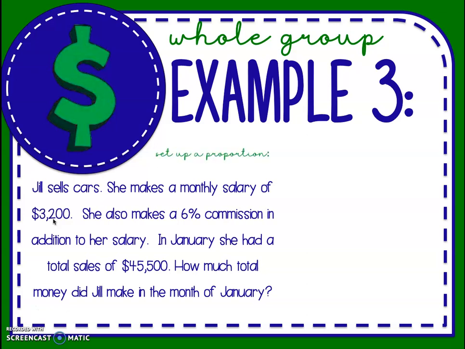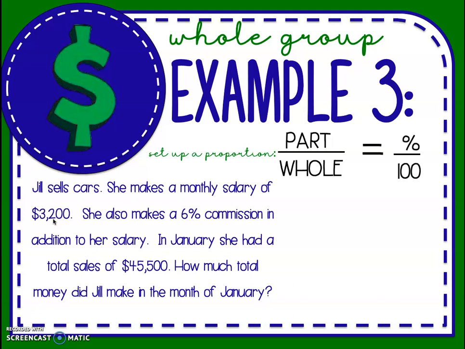Okay, so the first thing we're going to do is set up our proportion. It's a real world problem, so we're going to use part over whole equals percent over 100. And we've got to figure out the pieces that we need. This 3,200, we're going to work with that at the end because that is her base salary. We need to figure out 6% of her total sales.